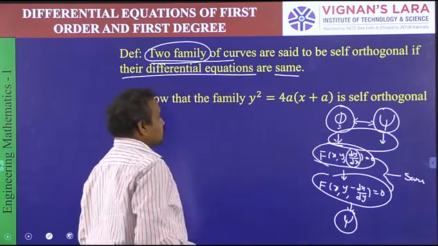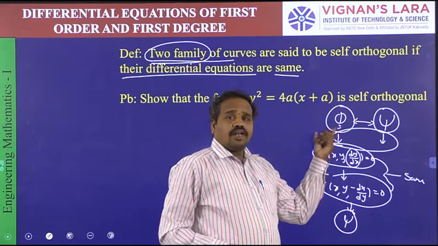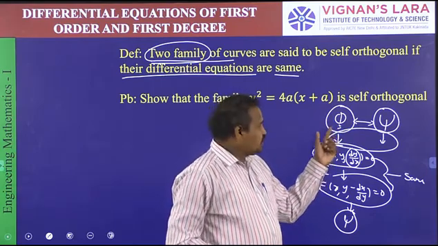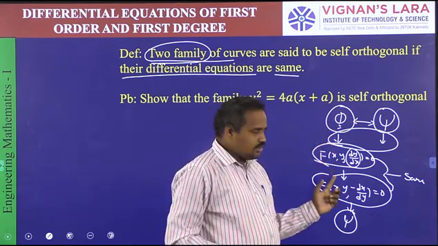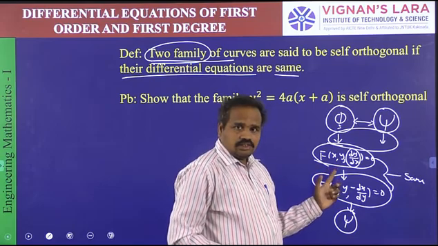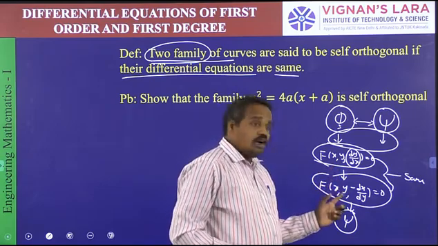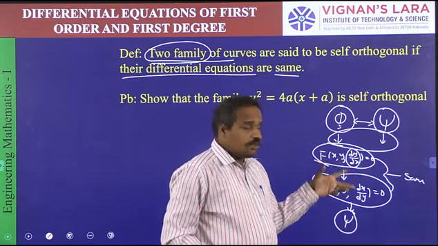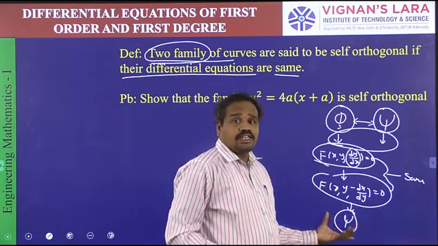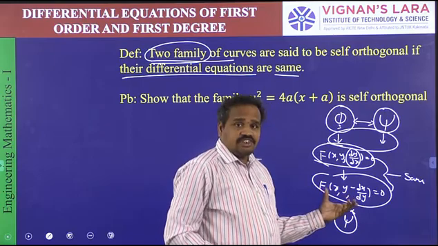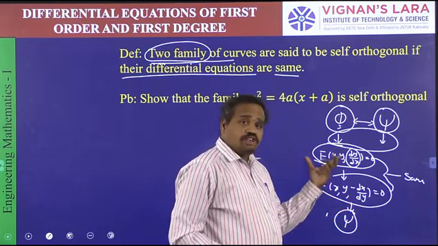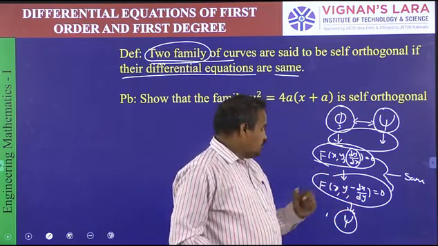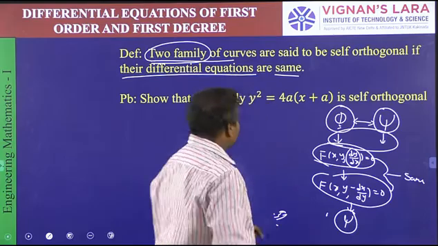That means we evaluate the differential equation of the given family, and after that we evaluate the differential equation of the orthogonal trajectories. If these two are the same, there is no need to evaluate the solution of the second differential equation. If these two differential equations are the same, then the family is said to be self-orthogonal.